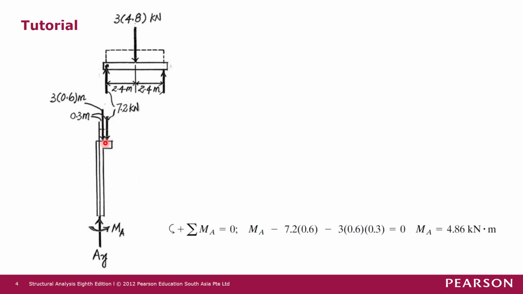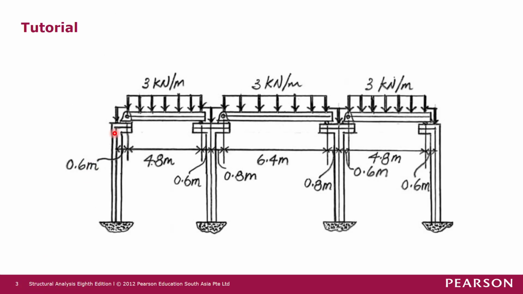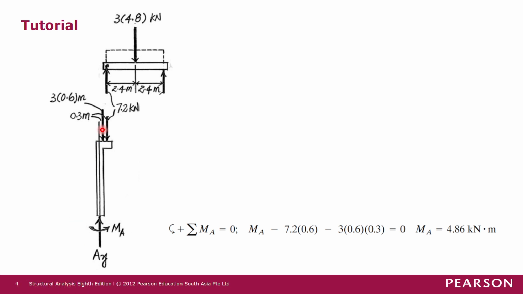And then on this small length of structure here, which is 0.6 meters, we also have the uniformly distributed load of 3 kilonewton per meter length. The resultant is 3 kilonewton per meter length times 0.6 meters. The unit should be in kilonewton, not meters.